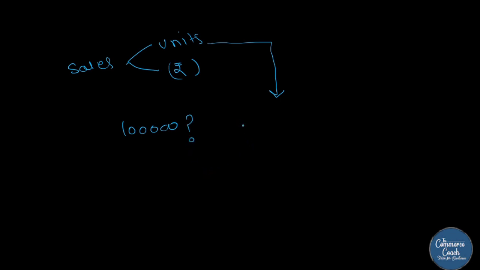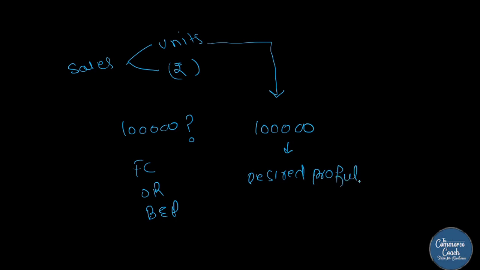Now you know that only after recovering our fixed cost, or after the point of BEP, we start to earn profit. So first of all, we have to earn 1 lakh rupees, that is the desired profit.